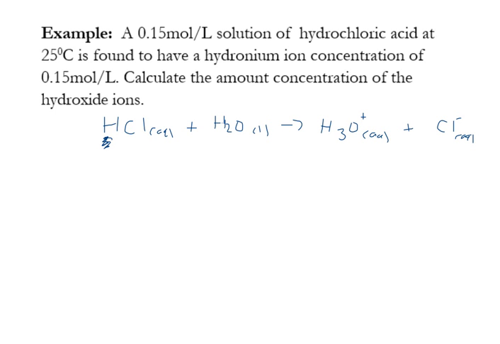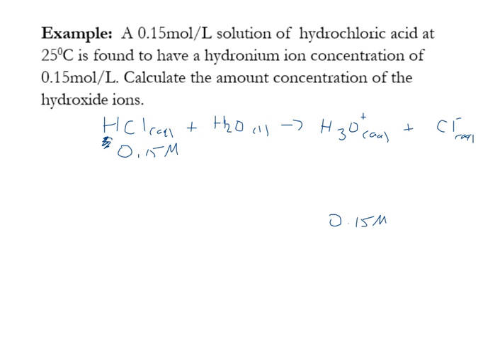Now, according to my ICE table right here, there actually isn't really equilibrium going on, because it says we started with 0.15 moles per liter of HCl, and then later the hydronium ion concentration was 0.15 moles per liter. How much is the most hydronium you could have made if everything reacted? 0.15, right? If all of this turned into this, it would have changed.